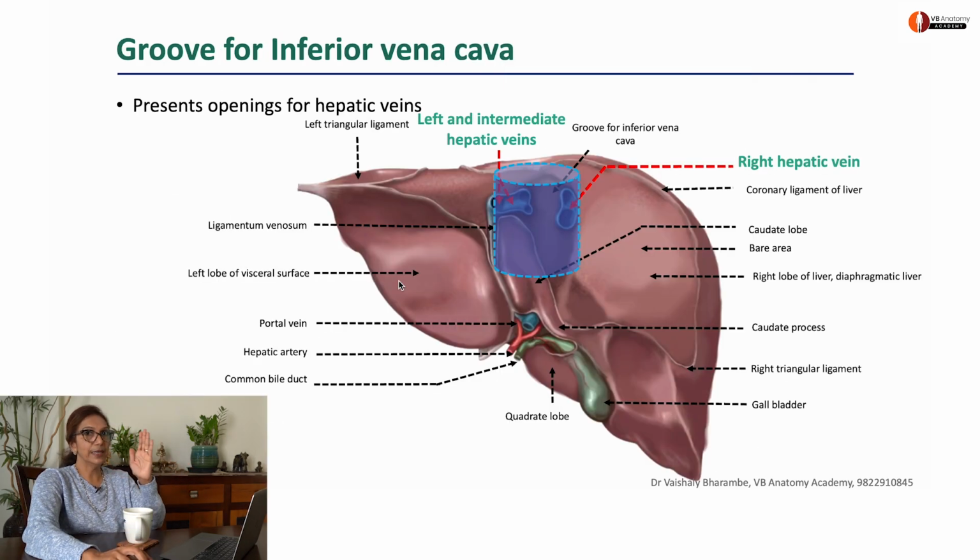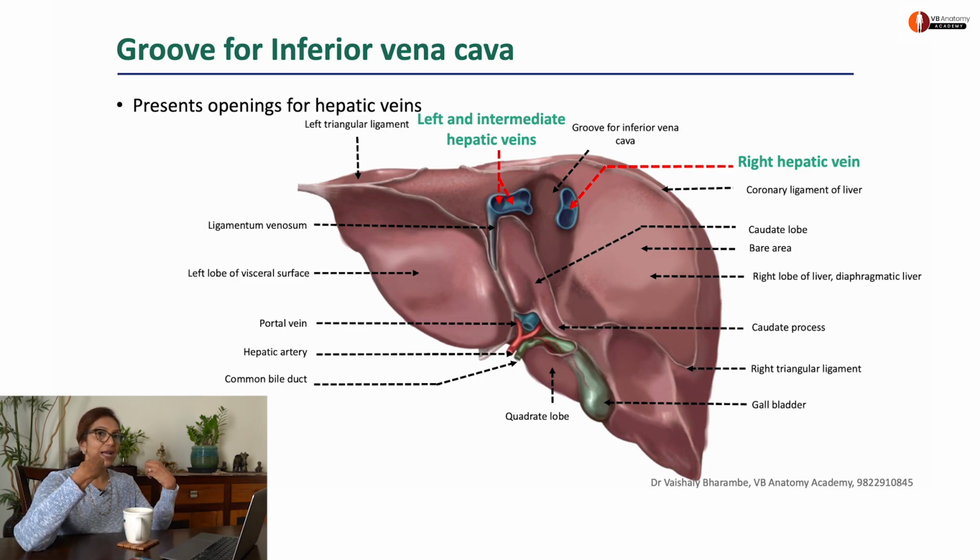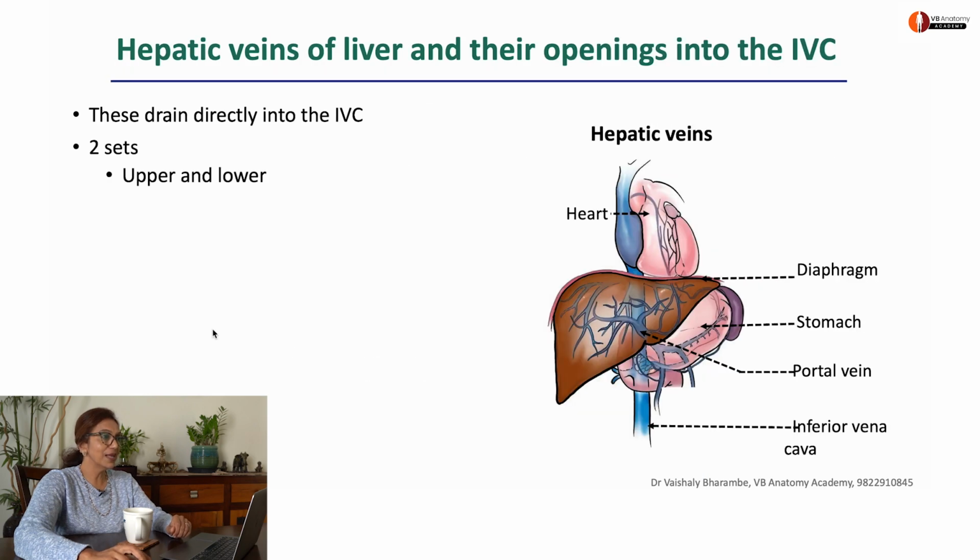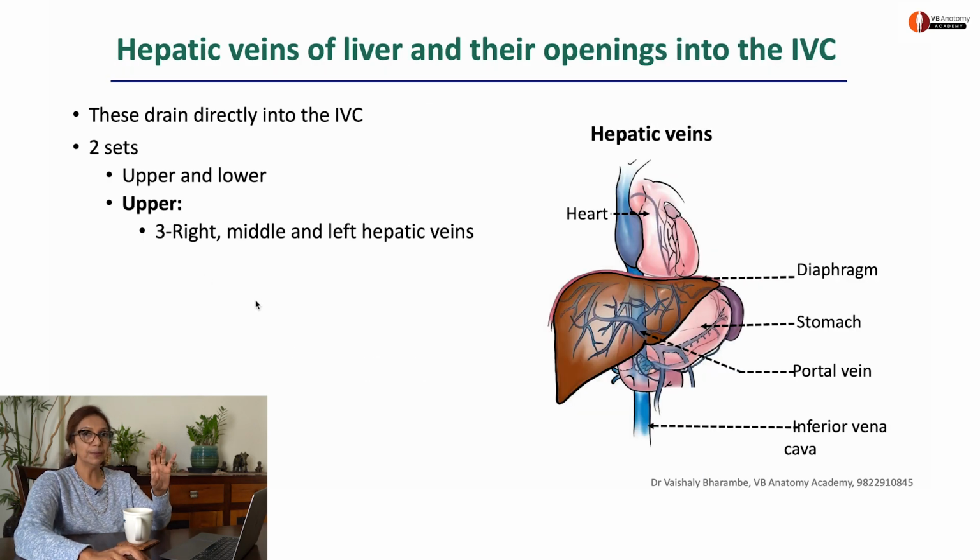Now let's come a little to the left. We can see the inferior vena cava and the groove for inferior vena cava. This is my inferior vena cava. I'm going to remove it. And I see that liver drains via hepatic veins into the inferior vena cava. These hepatic veins are divided into upper and lower. Upper are 3: right, middle, left.